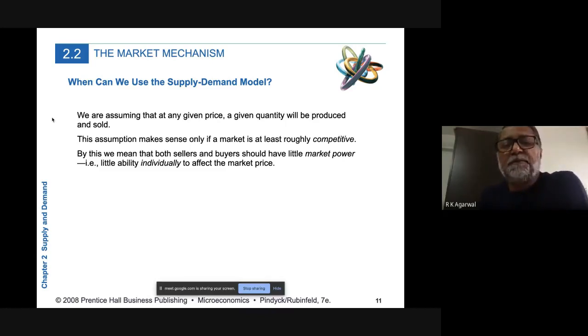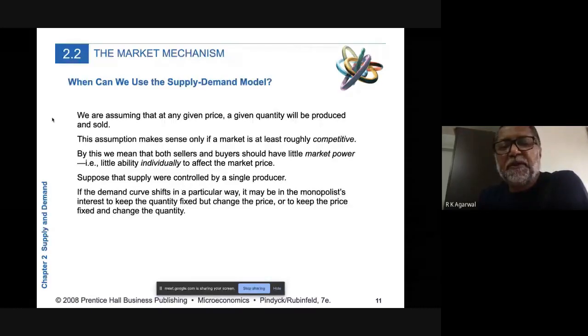If it is not competitive, then that will not happen. Suppose that supply were controlled by a single producer. If the demand curve shifts in a particular way, it may be in a monopolist's interest to keep the quantity fixed, but change the price, or keep the price fixed and change the quantity.